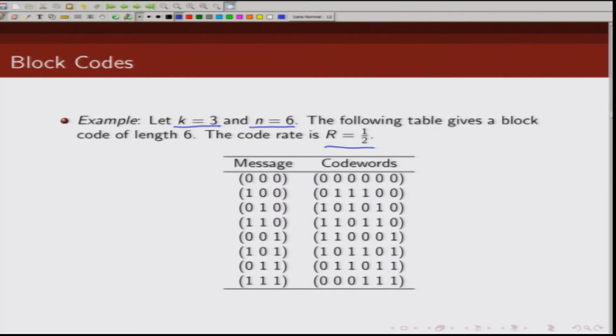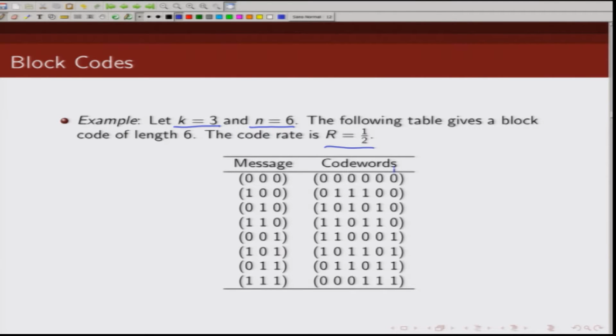Now 000 is mapped to the all zero sequence, 100 is mapped to 011100, and likewise the other sequences have been mapped. Let us look at how we have found the parity bits for these code words. Let us look at each of the columns of these code words.